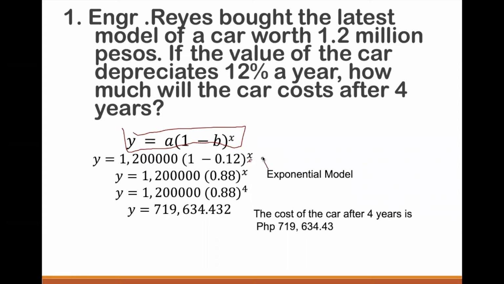So you have your exponential model. So after 4 years, 12%, that's why it's 0.12. So we have the cost of the car after 4 years as 719,634 and 43 pesos.